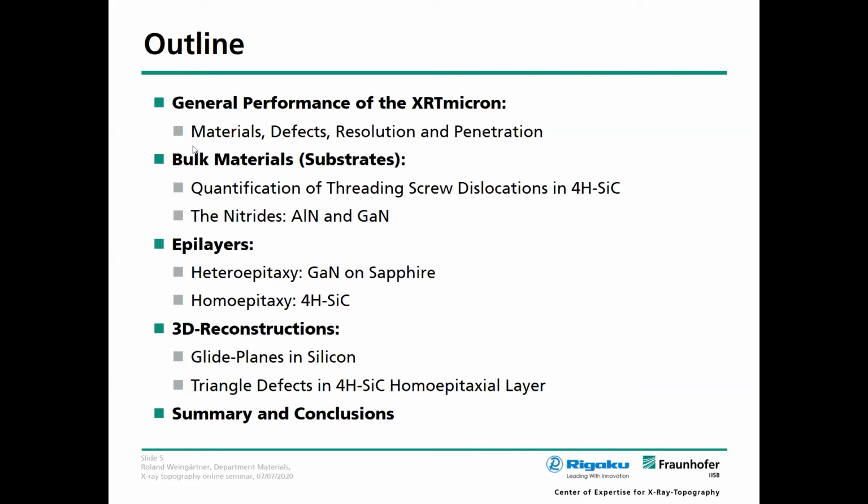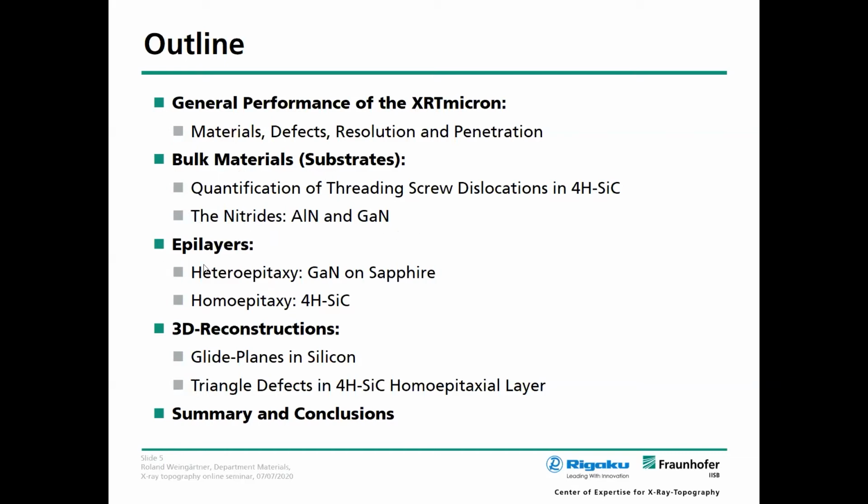Then I will go to concrete examples, for instance, bulk materials. Here I want to pick some, in my opinion, very important examples: the quantification of reading screw dislocation in 4H silicon carbide, and another example I would like to show is application on bulk nitrides like aluminum nitride or gallium nitride.